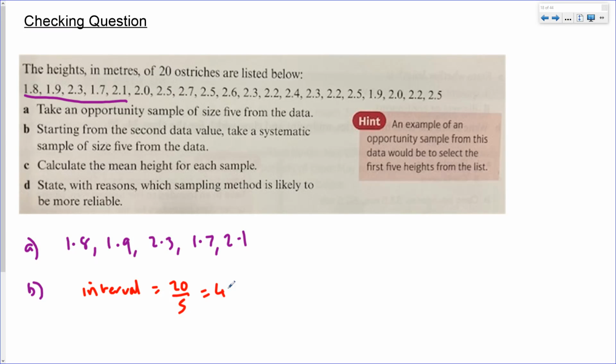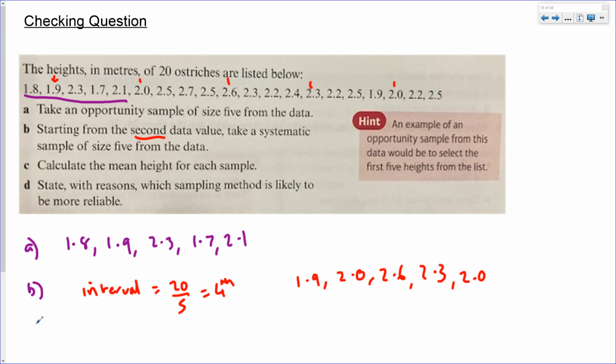So again, it'll be every 4th person, and we're starting from the second data value. So we're starting with the 1.9. So my sample will be 1.9, and every 4th person, 1, 2, 3, 4, 2.0, 1, 2, 3, 4, 2.6, 1, 2, 3, 4, 2.3, 1, 2, 3, 4, and 2.0. So there's my data values for that sample there.